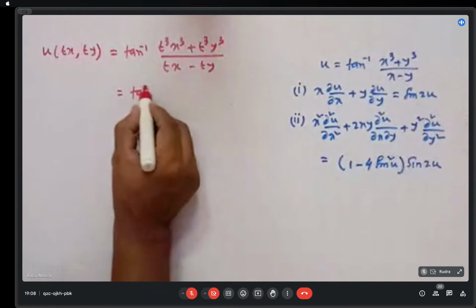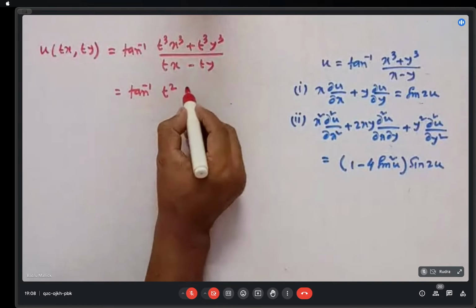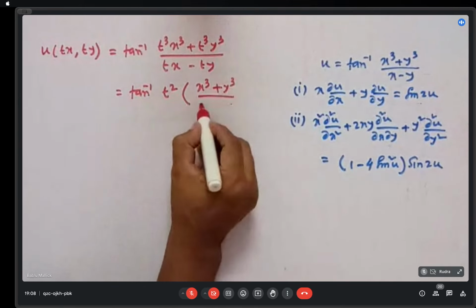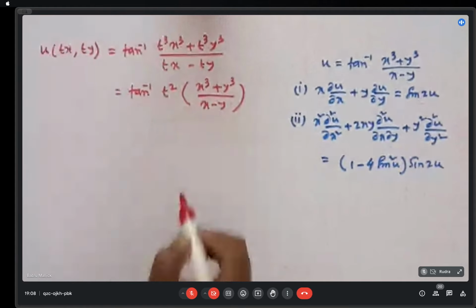So we get tan inverse of t square into (x cube plus y cube) by (x minus y).